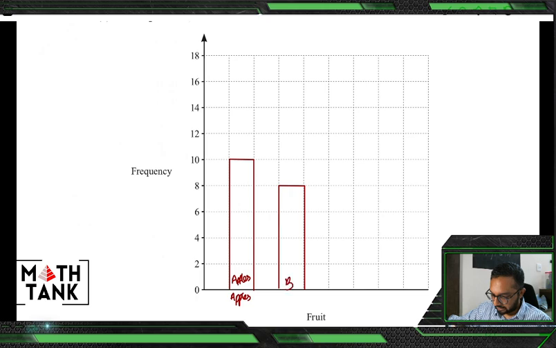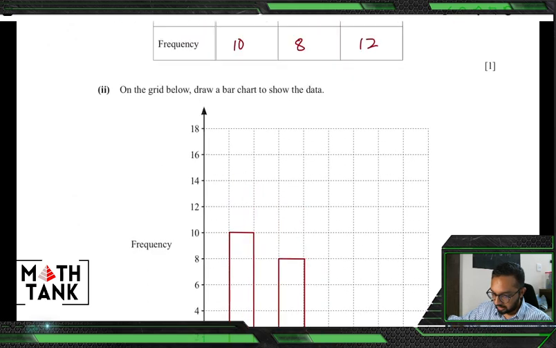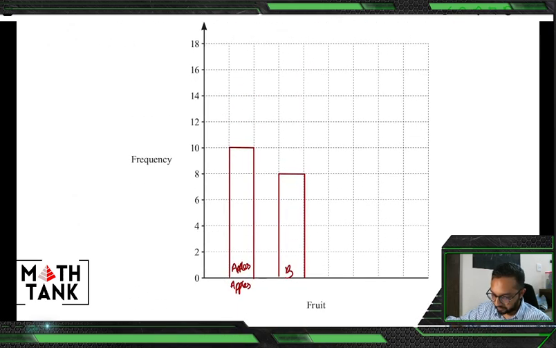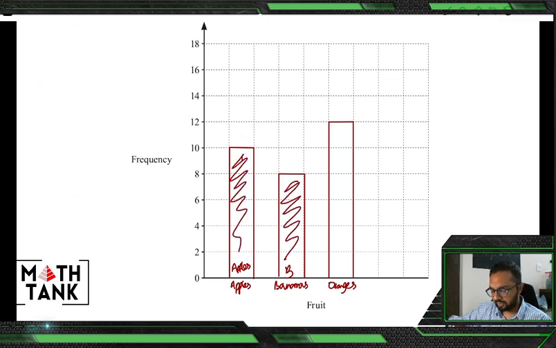So bananas, let's just write down B, and orange is 12, so there goes orange. Remember that in a bar chart, bars are separated. In a histogram, they are together. So that's oranges, bananas. You can shade if you want. That's optional. As long as your bars are visible, that should be it.